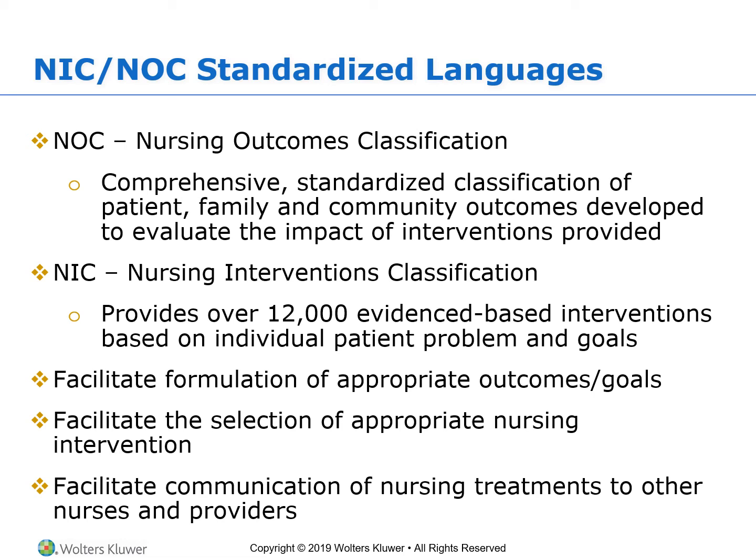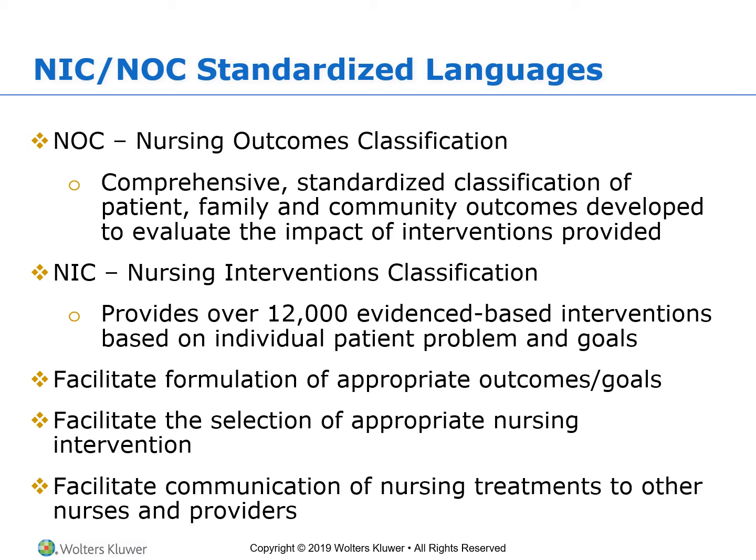So after we write the patient outcome, we identify various nursing interventions to help the patient achieve those outcomes. We use the NIC and the NOC. So the NIC is the Nursing Interventions Classification. This is the first comprehensive, validated list of nursing interventions that's applicable to all settings, and it can be used by nurses in multiple specialties.